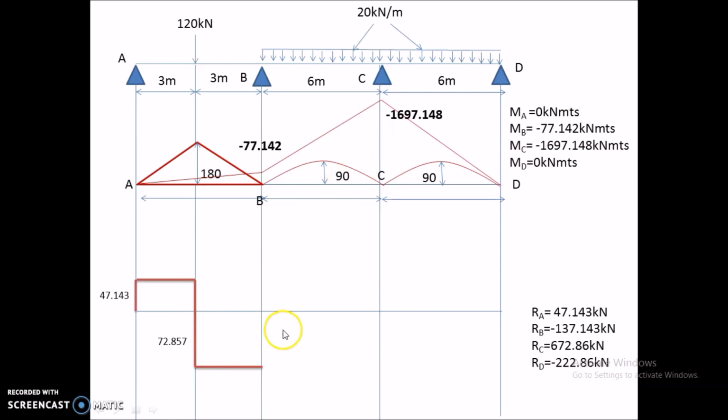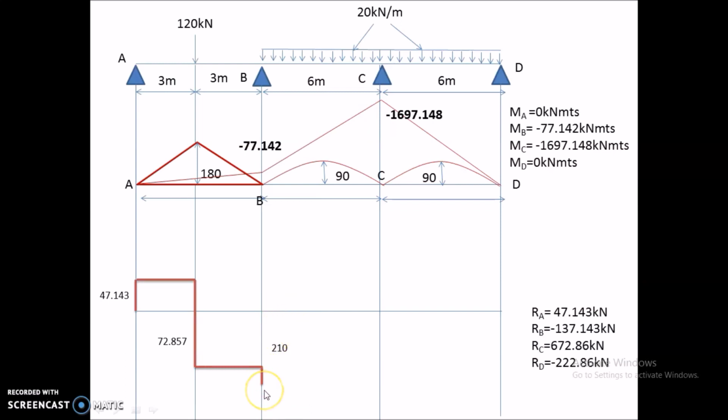Now coming to this span, the load is UDL, so the shear force will be varying. So it will not be a straight line, it will be some varying line like this, a cross line. So here the value is 72.857, and at this point the RB is minus 137.143. So 72.857 minus 137.143 gives me the value minus 210.